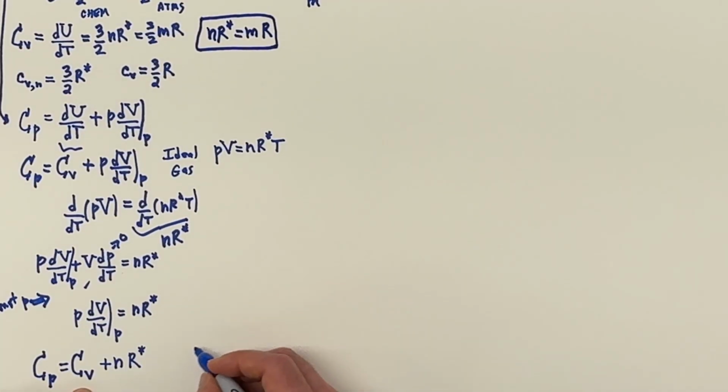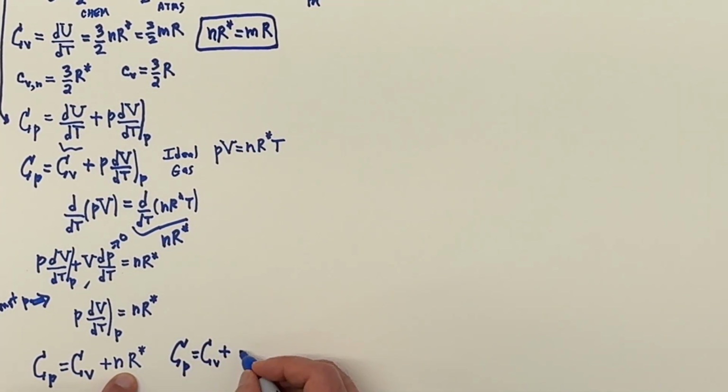So that means here I can write down Cp is Cv plus, since nR star is mR, I can write this as also mR. Now I can very easily get the specific heats where I divide by the number of moles for chemistry and I divide by the mass for atmospheric science.